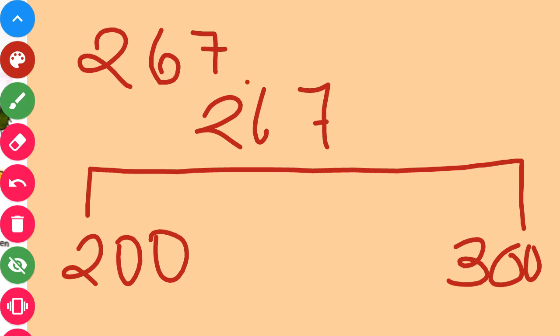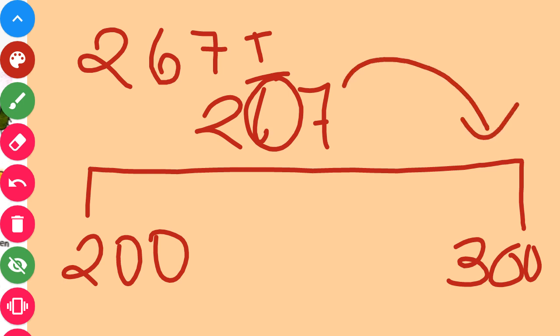We will consider digit given at tens place. 6 is there at tens place. 6 is greater than 5. What will we do? We will round it up. So 267 will become 300. Okay.